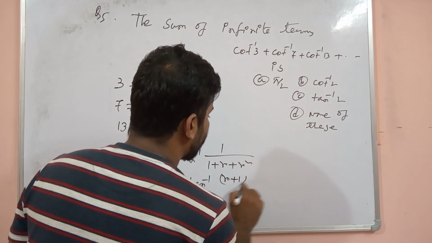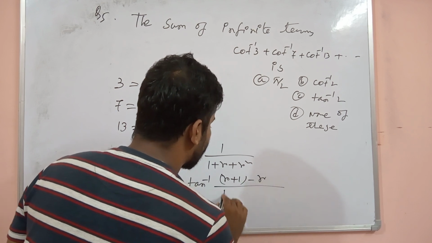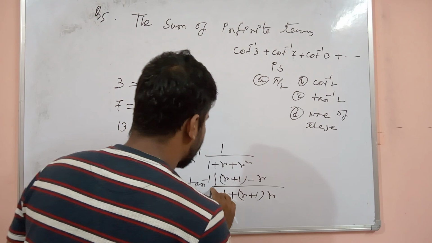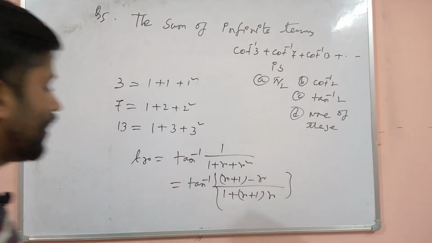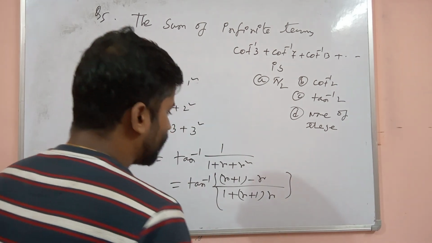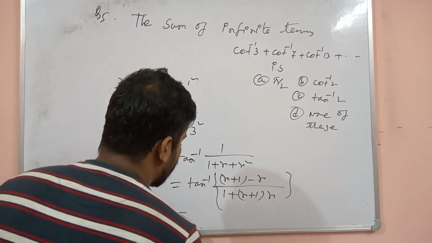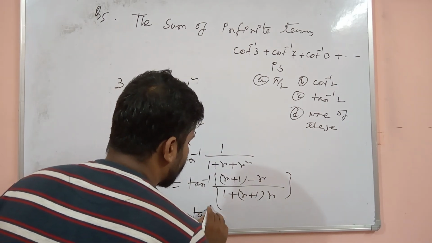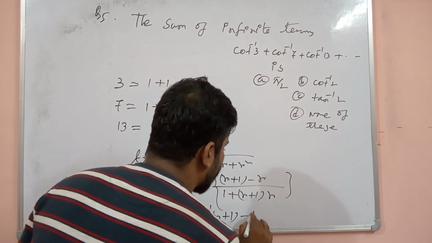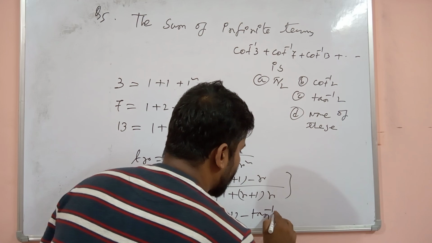and it is tan inverse of (r plus 1 minus r) by (1 plus (r plus 1) into r). As it is like tan inverse of (a minus b) by (1 plus a into b), its simplest form would be tan inverse (r plus 1) minus tan inverse r.